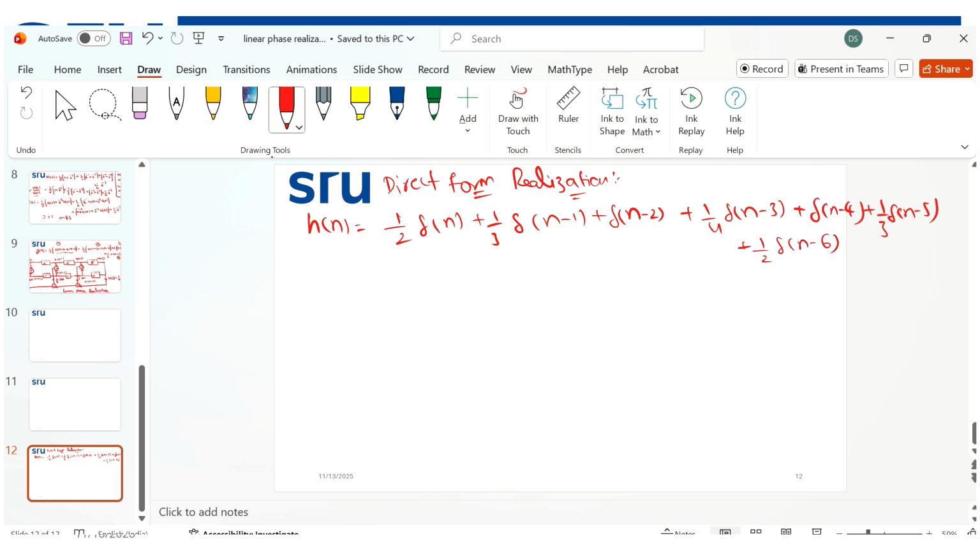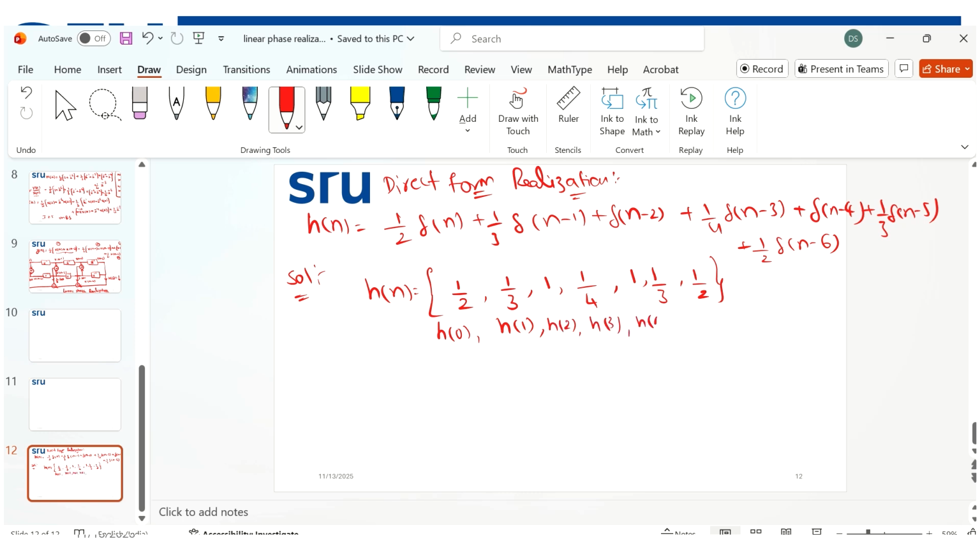Now the solution. For the given h of n, write all the coefficients, that is h of 0, h of 1, h of 2 coefficient, that is 1 by 2, 1 by 3, 1, 1 by 4, 1, 1 by 3, 1 by 2. So these are h of 0, h of 1, 2, h of 3 coefficient, 4, 5 and h of 6 coefficient.